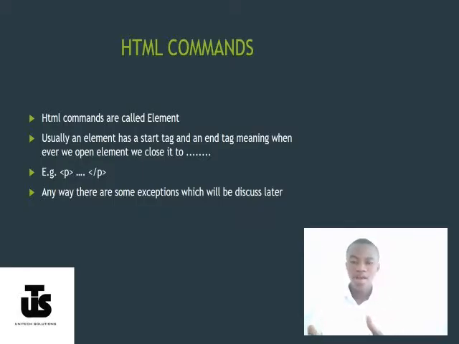And then where I have put a dot, in that place you would include what you want to say. So let's say, this girl is great. After you say that, you would close it by bringing the less than sign and a forward slash, then you bring your P in order to close that paragraph.